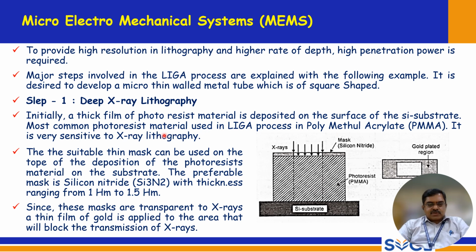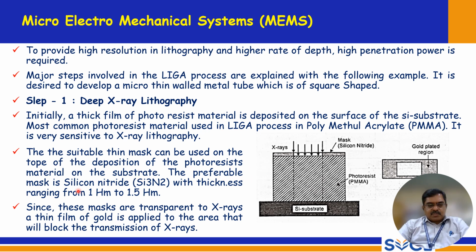The most common photoresist material used in the LIGA process is polymethyl methacrylate, that is PMMA. It is very sensitive to X-ray lithography. A suitable thin mask can be used on top of the deposited photoresist material on the substrate.